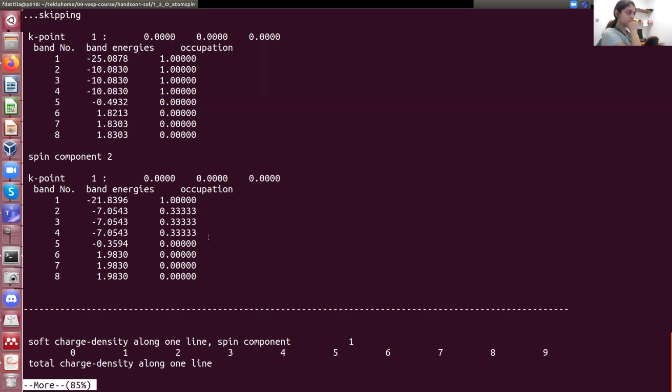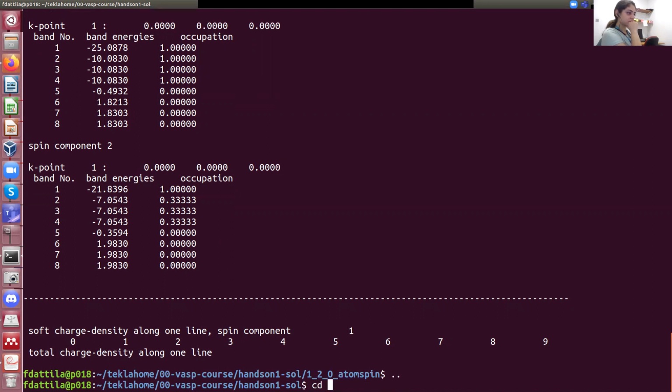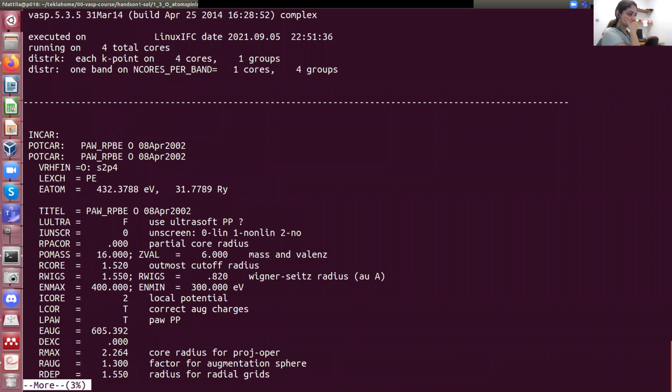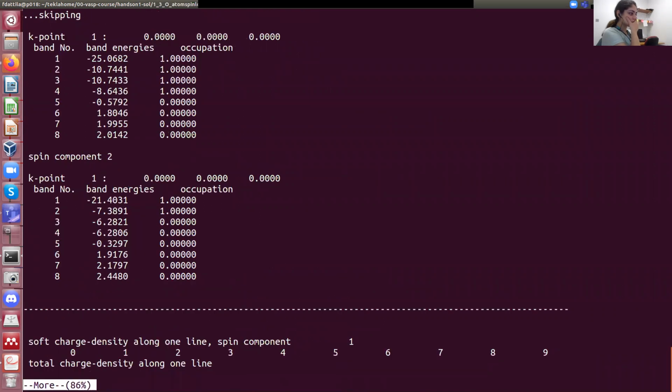The reason for that is just that the system is too symmetric. VASP is not able to locate the electron anymore, because it says everything is so symmetric that it just divides the electron by 3, which of course cannot be. If you break the symmetry and go to this one, and we do exactly the same, looking at the band energies, you see that this issue is no longer there. We have 4 electrons with one spin component and just 2 with the second spin component.